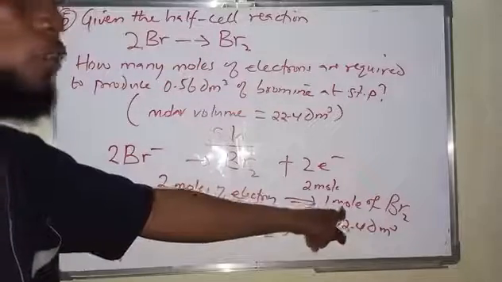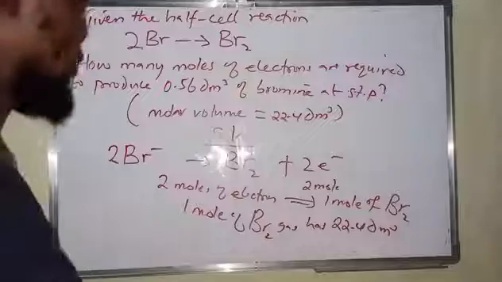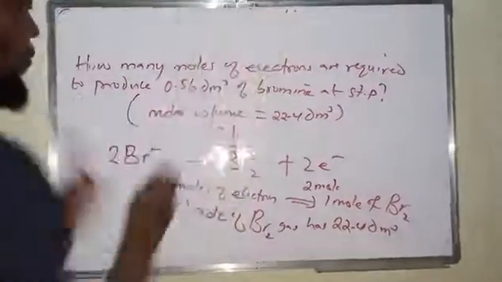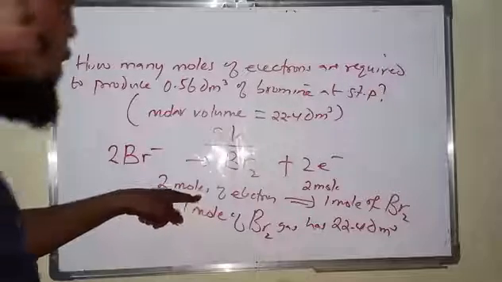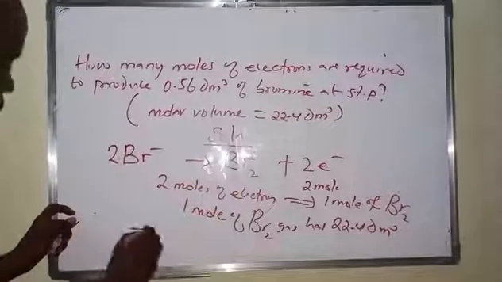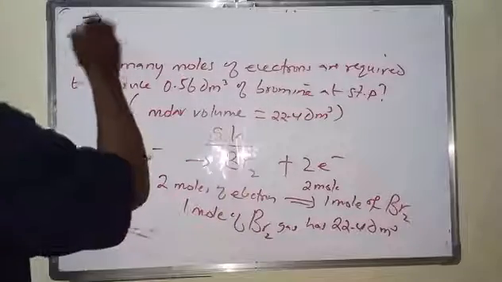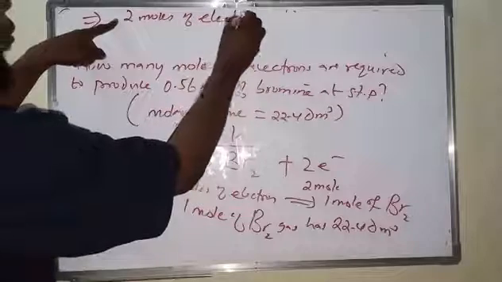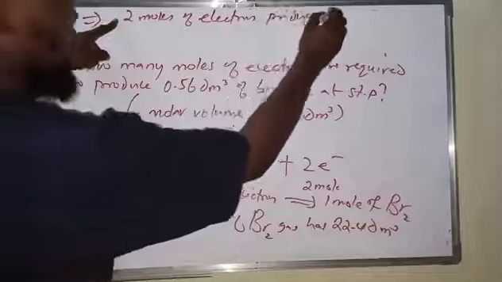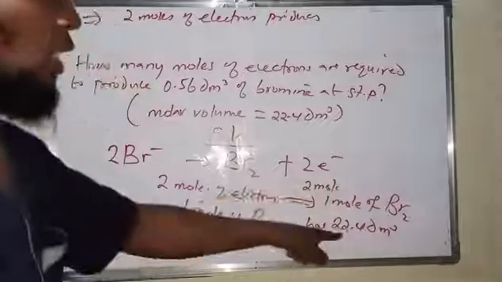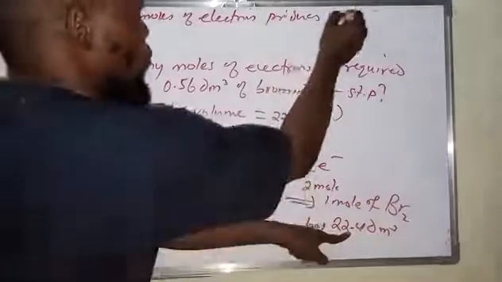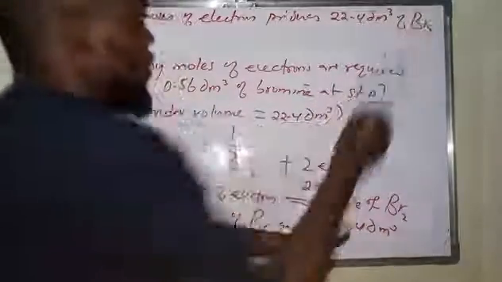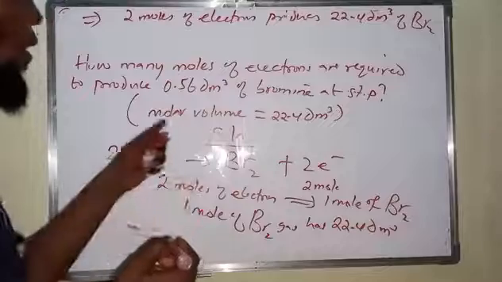So this is the volume equivalent of 1 mole of the gas. Another way of rewriting this is that 2 moles of electrons produce 1 mole of bromine, which in terms of volume is 22.4 dm cube of bromine gas, because this is the volume of 1 mole of a gas as stated.